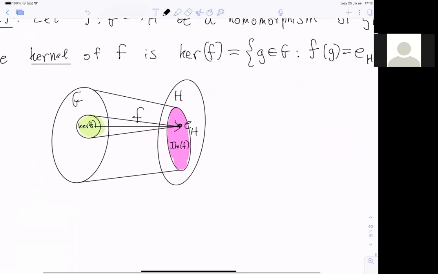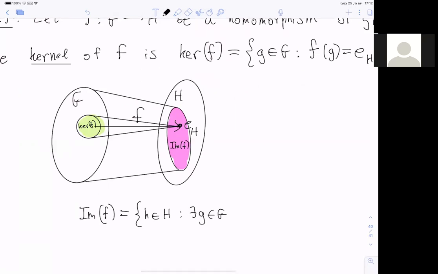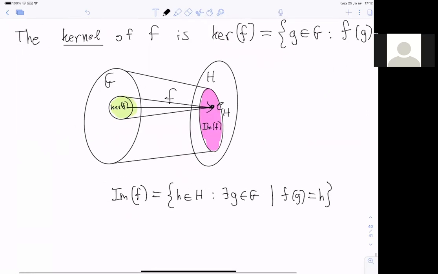Okay, if you write it mathematically, this is all the elements in H such that there exists g in G such that f of g is equal to h. Okay, you know the things. So this is the image.